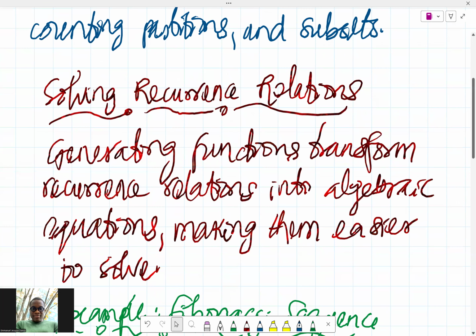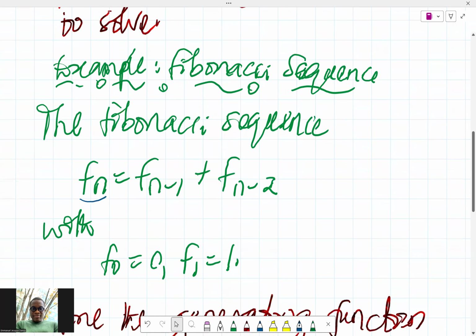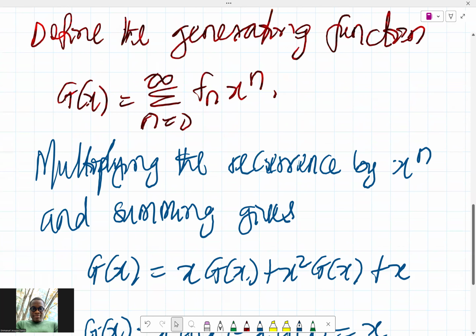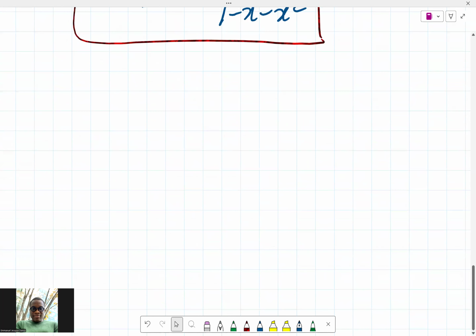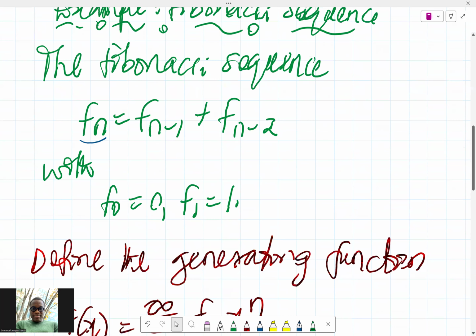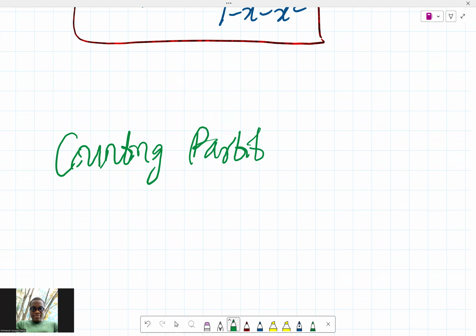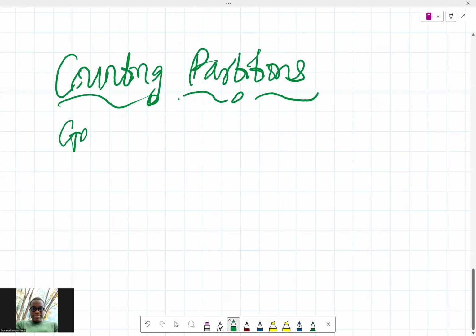All right. So that's about solving recurrence relations. Now let's talk about counting partitions. That's another capability this has. We're talking about counting partitions.